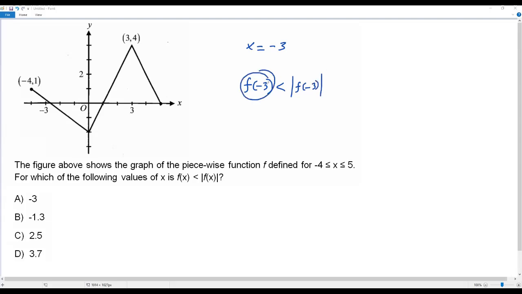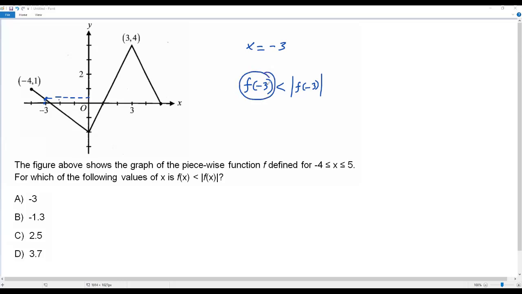This f of -3 is the value of the y coordinate when x equals -3. Here the value of x -3 is over here, so we have to get the y coordinate on the graph. The y coordinate is about 0.3 or 0.4. I think we can take approximately 0.3.